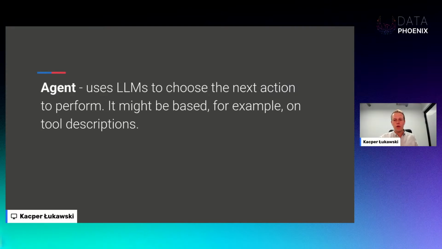So there is a loop of reasoning scheme. The agent iteratively performs some actions based on the outputs of the LLM. This might be pretty complex, but LangChain already has some agents implemented in place. So you can just create an agent, set some particular tools, and it will be choosing those tools and launching those tools based on the user prompt. So this is what an agent is all about.